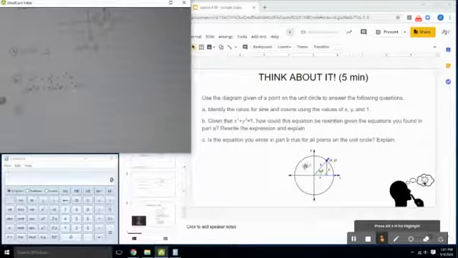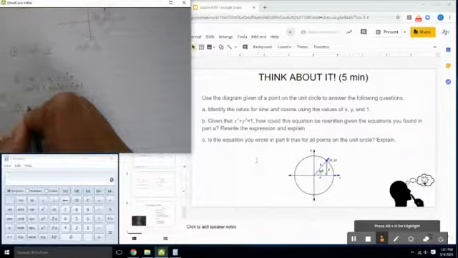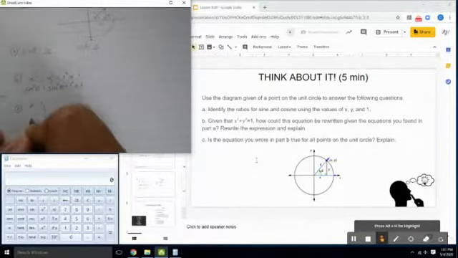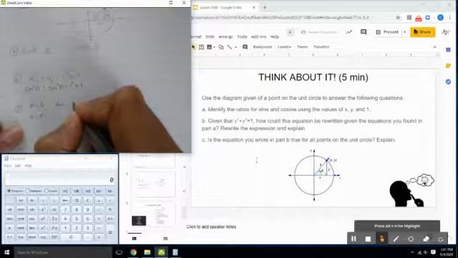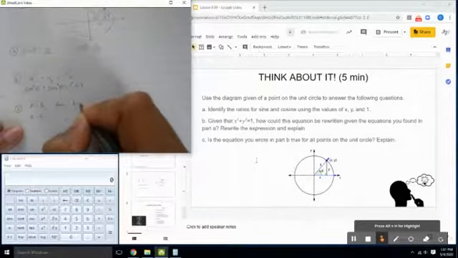So we can use this logic. If A is equal to B and A is also equal to C, then B must be equal to C.